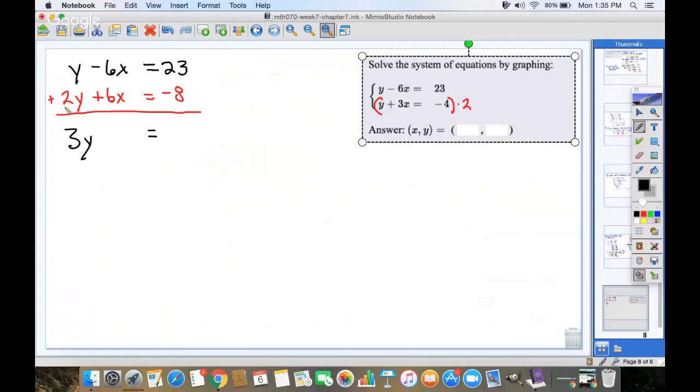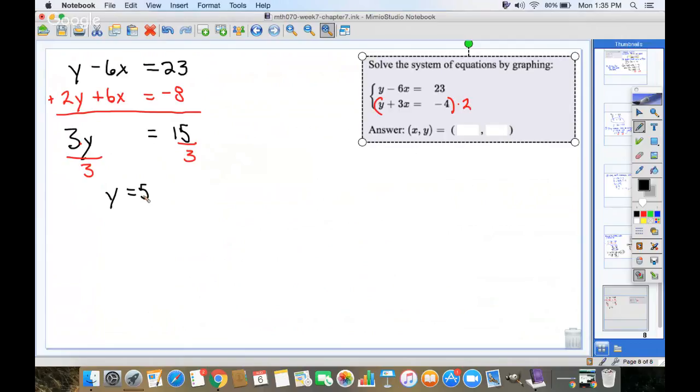And then 23 plus negative 8 is the same as 23 minus 8, which is, on a good day, 15. Now we can solve for y by breaking this multiplication using division. And so I believe that y should be 5.